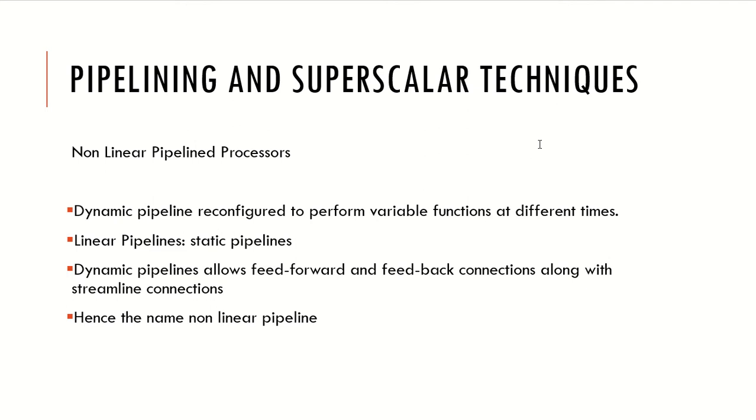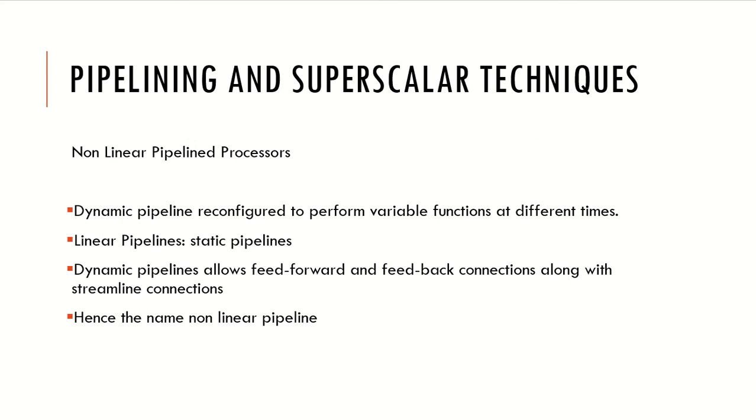But in a dynamic or nonlinear pipeline, you can even skip the stages in between. That is called feed forward. Or you can go back to a previous stage during the execution, and that is called feedback. These two mechanisms are possible in a nonlinear pipeline, and hence it is known as a dynamic pipeline or dynamically reconfigurable pipeline.